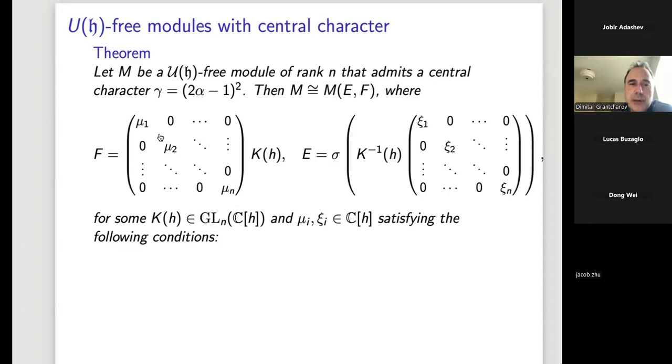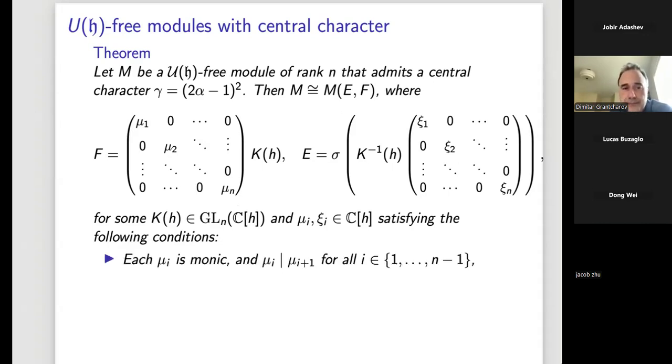So these mu i's have the Smith normal form phenomenon: mu1 divides mu2, mu2 divides mu3, etc. These xi's are related to mu i's through the central character. More precisely, we have this condition. So we have one special polynomial, which we denote by lambda alpha.